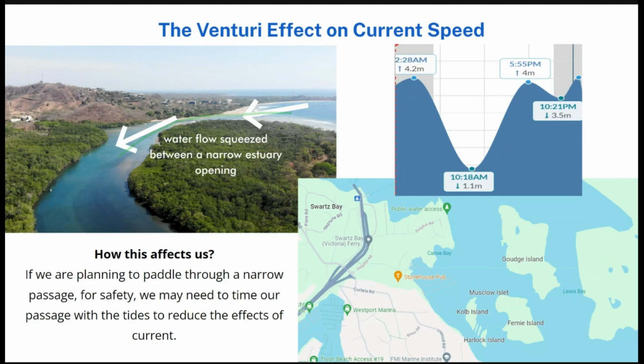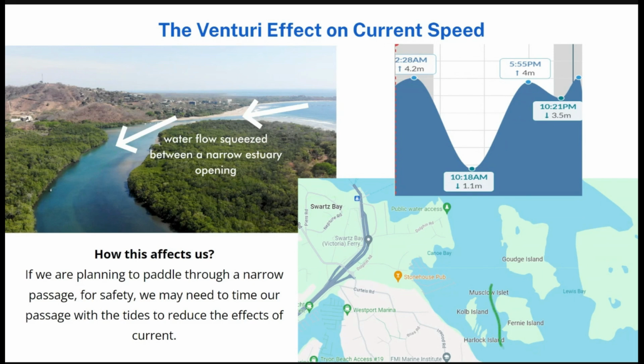And why does that matter to us? If we're trying to paddle out to the ocean and the tide's coming in, we're fighting a current, and we might not be able to pass it depending on how narrow it is. The other areas are, so this bottom right-hand corner picture here is Schwartz Bay. So this is where the ferry comes into from Swartz Bay if you're going to Victoria. So there's a bunch of islands down here.